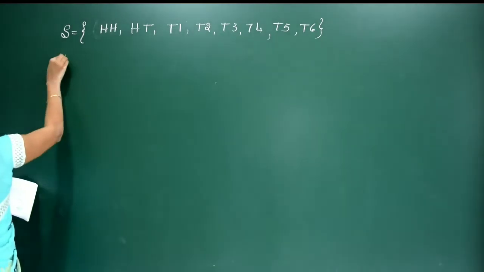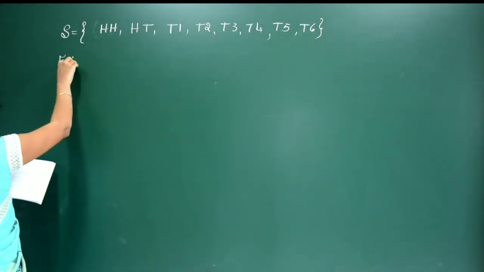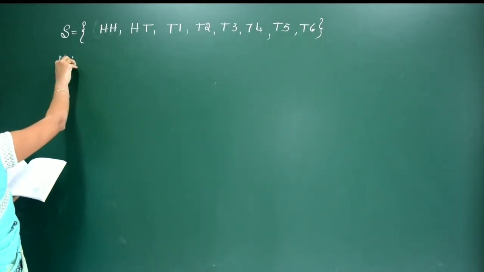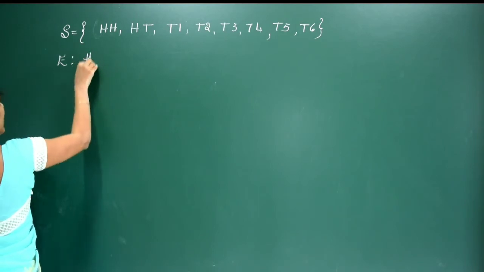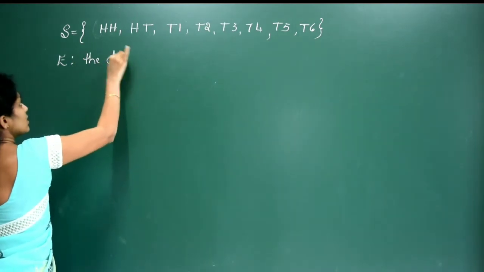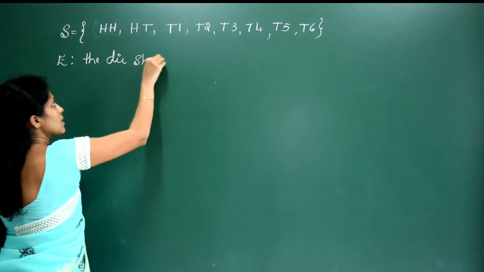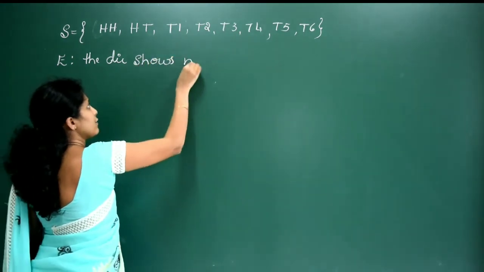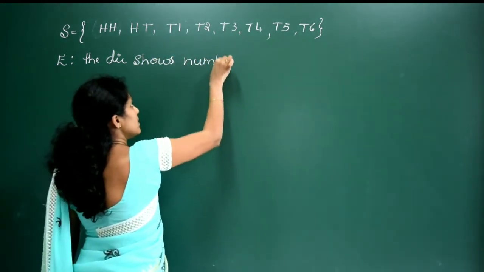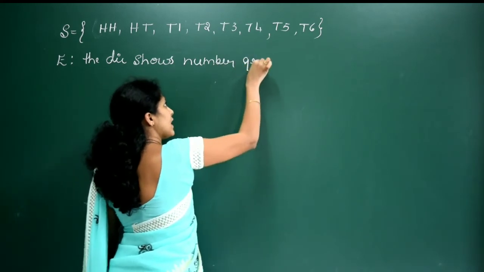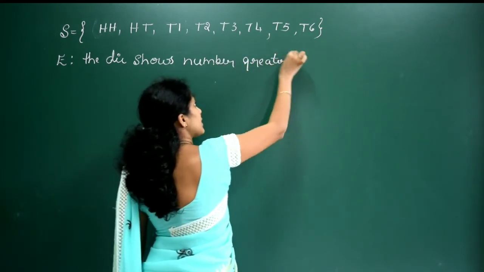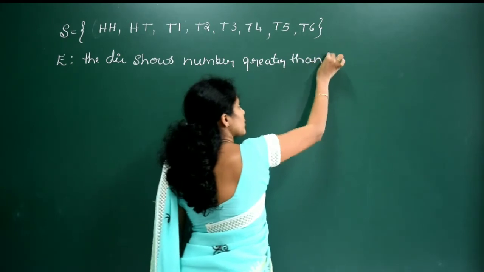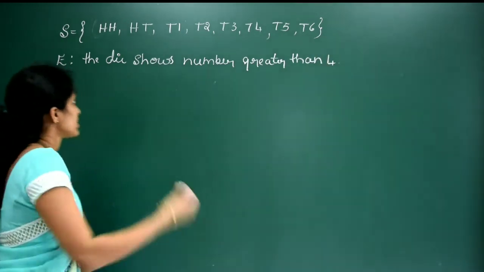Now we will write the events. Which conditional probability do you have to find? Event E is: the die shows a number greater than 4. This is the event E. What is the event F?